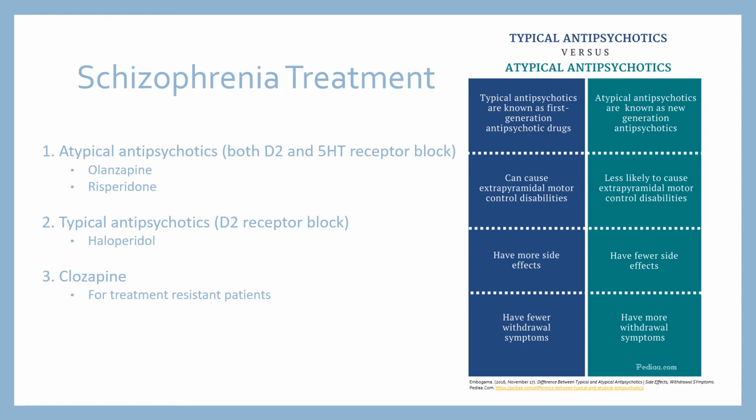The typical ones, like haloperidol, only block D2 dopamine receptors. Typical antipsychotic drugs are recognized as first-generation antipsychotic drugs, while atypical ones are second generation because they're newer. But they are also more expensive, although they have less severe side effect profiles.